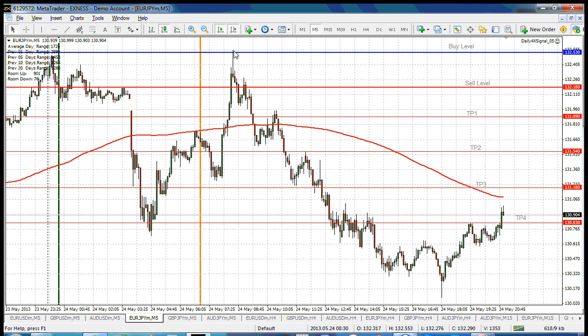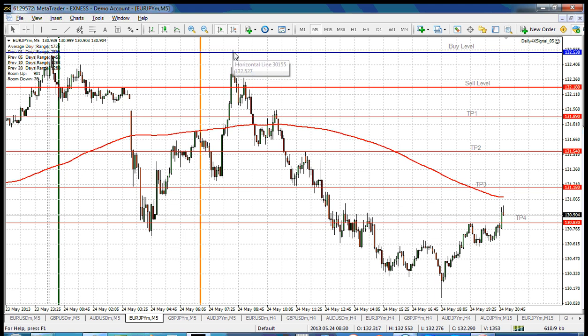Now, what my strategy says is that if the price goes and hits either the buy or the sell level, we are supposed to enter. In this case, we would have entered because price went further up than the buy level.